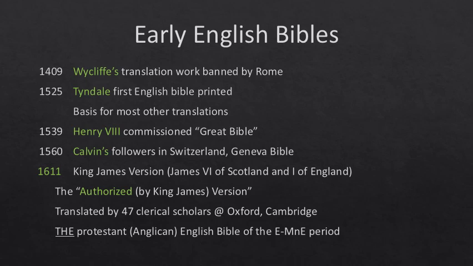It's called the Authorized Version because, again, a king of England, also of Scotland, James, authorized it in exactly the way the Catholic Church did not authorize Wycliffe or Tyndale's Bibles. Translated by scholars at Oxford and Cambridge.